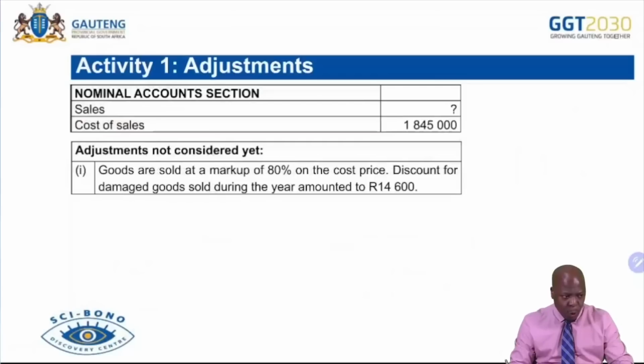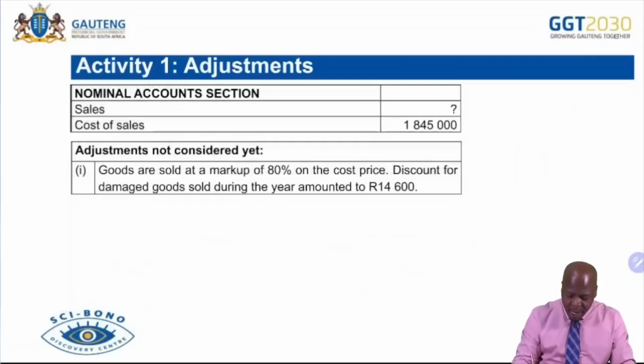All right. So one of the most important things that you have to understand is that whenever we are selling goods, you have to come back to what you have done in your grade 10. That is, every time the cost is 100%, and you also have what is known as your markup.